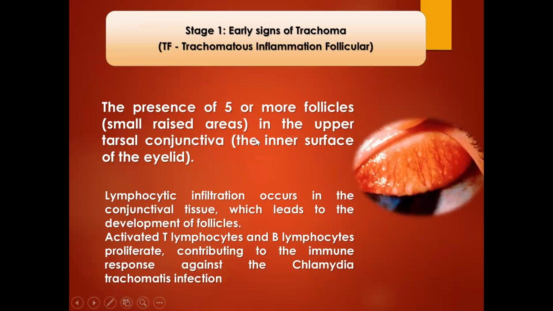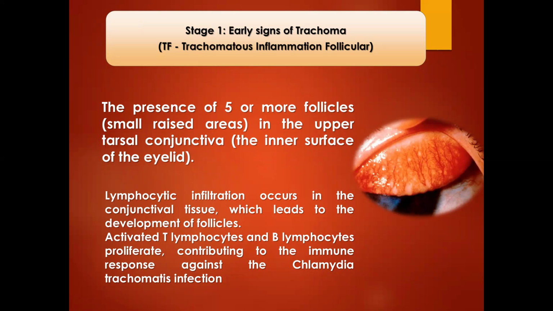Now let's look at the stages of this trachoma. First stage is early signs of trachoma. That first stage is known as trachomatous inflammation follicular. This is well known by the presence of 5 or more follicles. And what are these follicles?